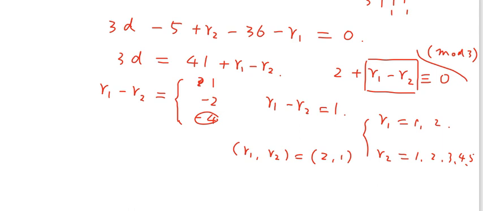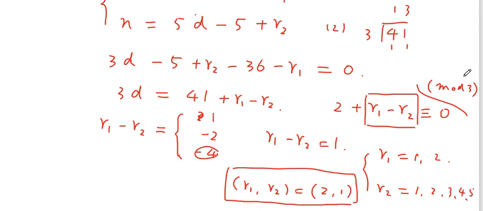So now suppose we have this. If R1, R2 is this, then we can go back and find A. So if R1, R2 equal 1, then from here we can find D: 3D equals 41 plus 1, 42.